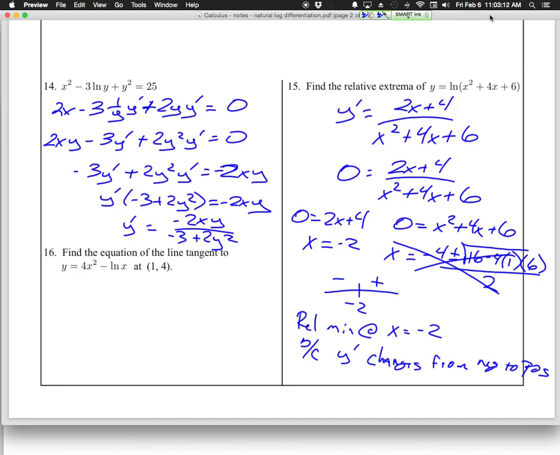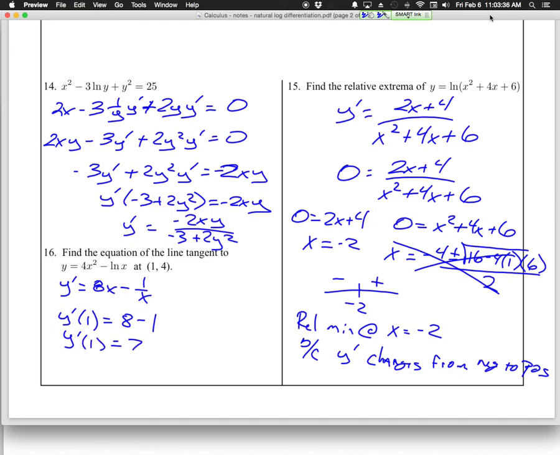So, what do I do here? Derivative. So y prime equals 8x minus what over x? Now what? Plug in 1. So that gives me 8 minus 1.